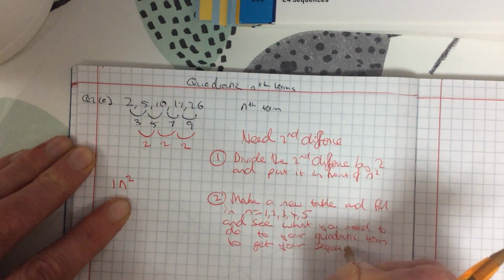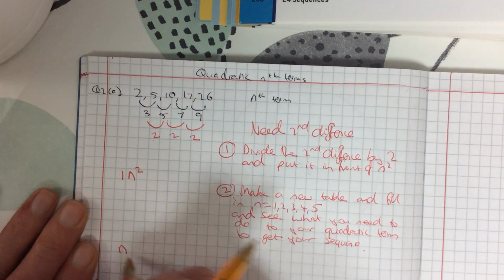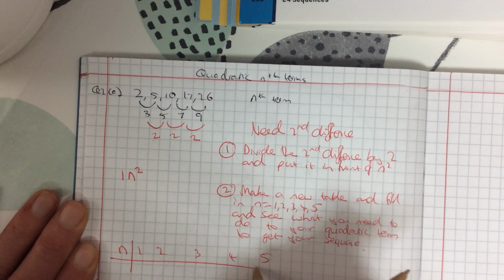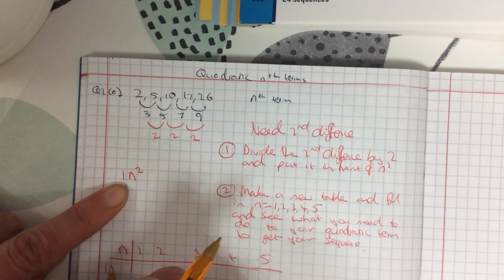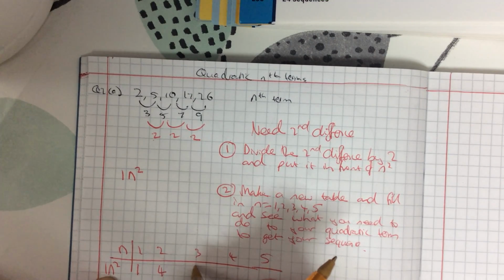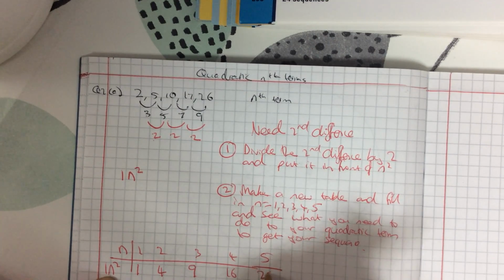Okay, so you need a new table, n, 1, 2, 3, 4, 5. Your formula is going to start off with 1n squared, so let's work that out. 1 squared is 1 times 1, 2 squared, 3 squared, 4 squared, 5 squared.